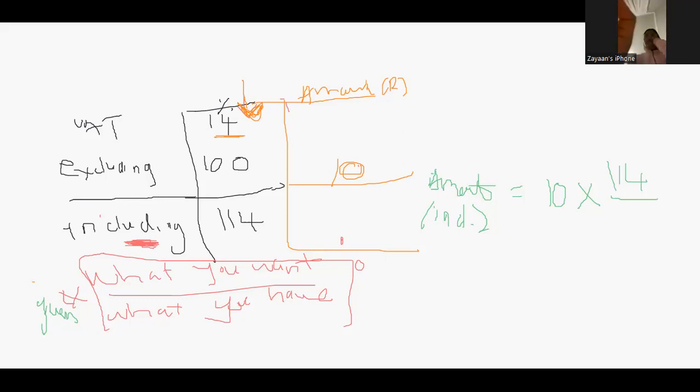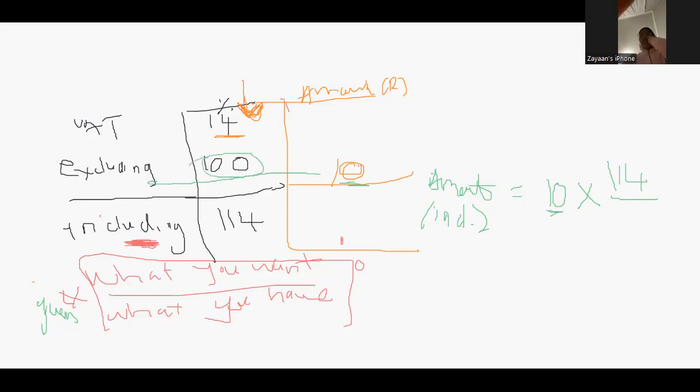What do we have? This number is 10, right? So do we have 14%, 100%, or 114%? This 10 is excluding VAT, so we have the 100%.